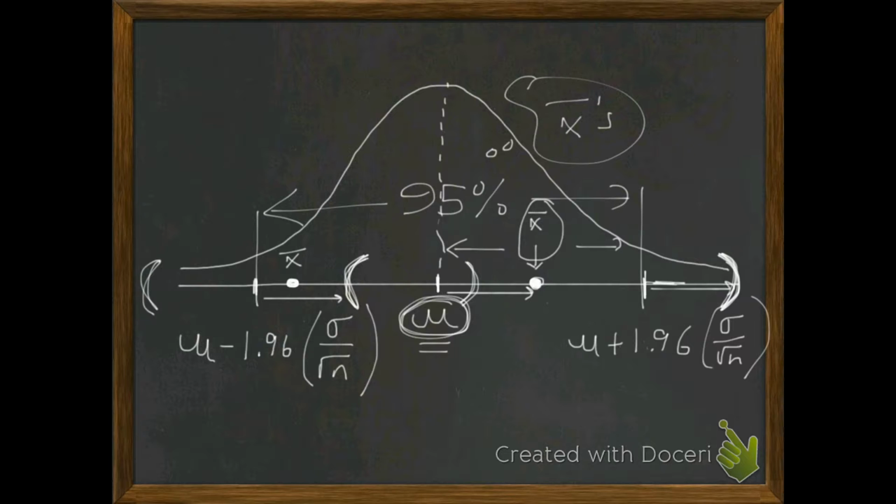Well, it would have to be something out in the tails, and you've got to think about the way the distribution is set up. There's only a 5% chance that I could get a mean up here or down here where the confidence interval wouldn't contain what I'm looking for. So, having said all that, let's work the first problem.